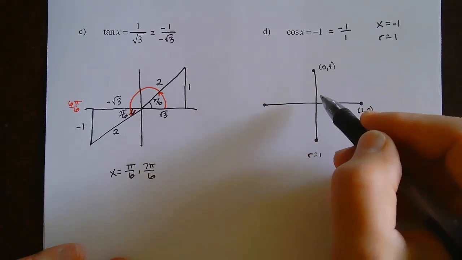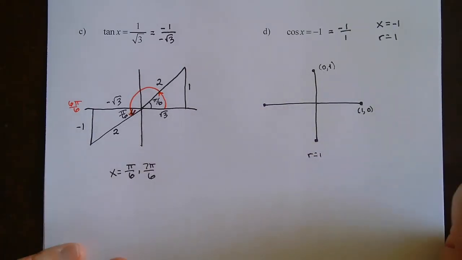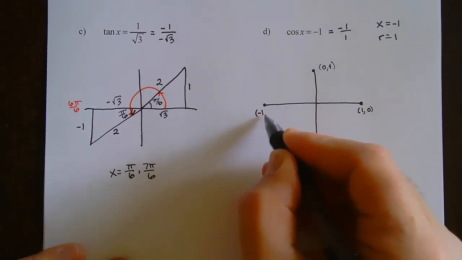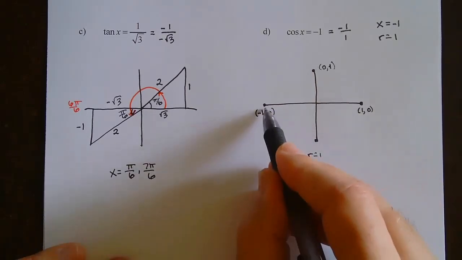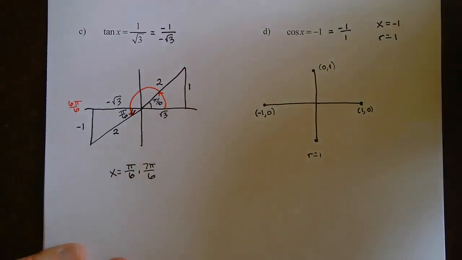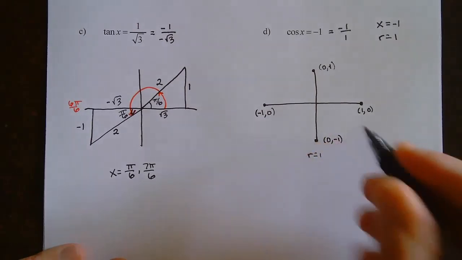That would give me a ratio of x over r as 0, because it'd be 0 over the radius, which is 1. And then over here, x is negative 1 and y is 0 and r is 1. That's it right there. There's only going to be one answer to this where cosine of x is equal to negative 1. And then this one would be where x is 0 and y would be negative 1.